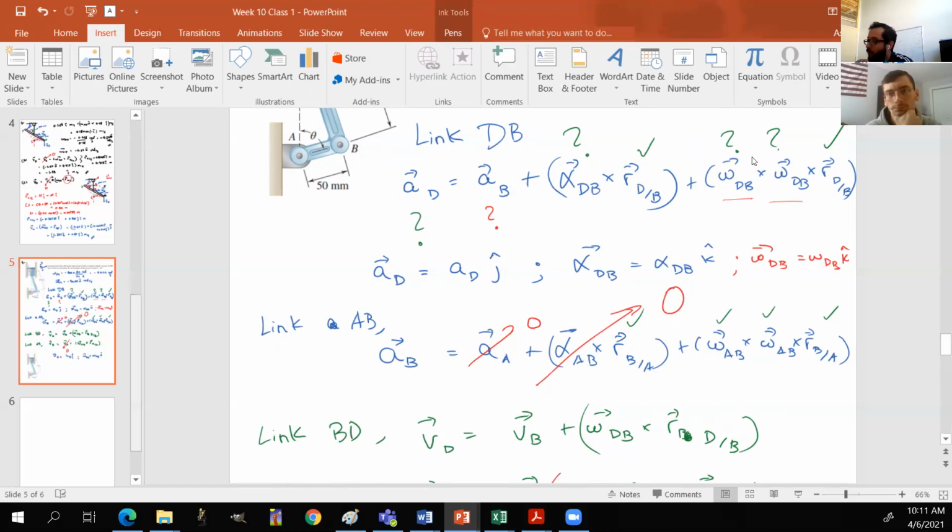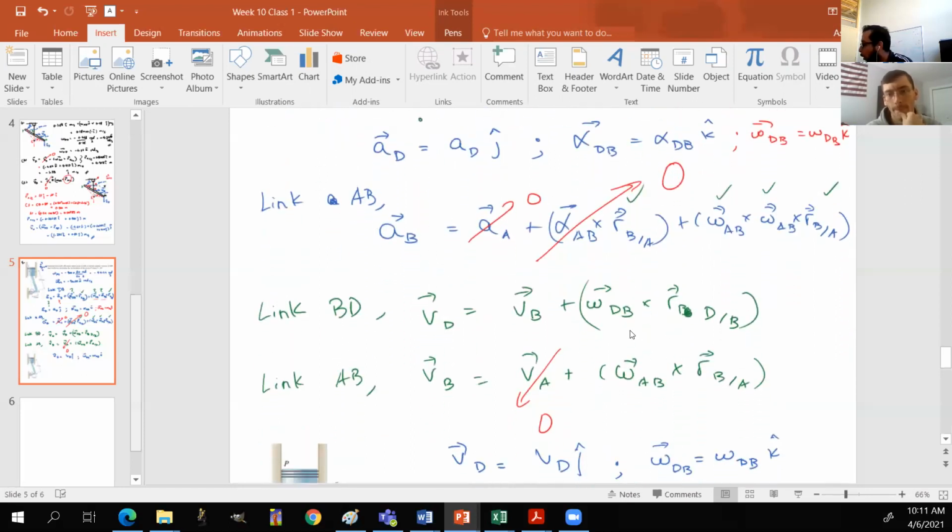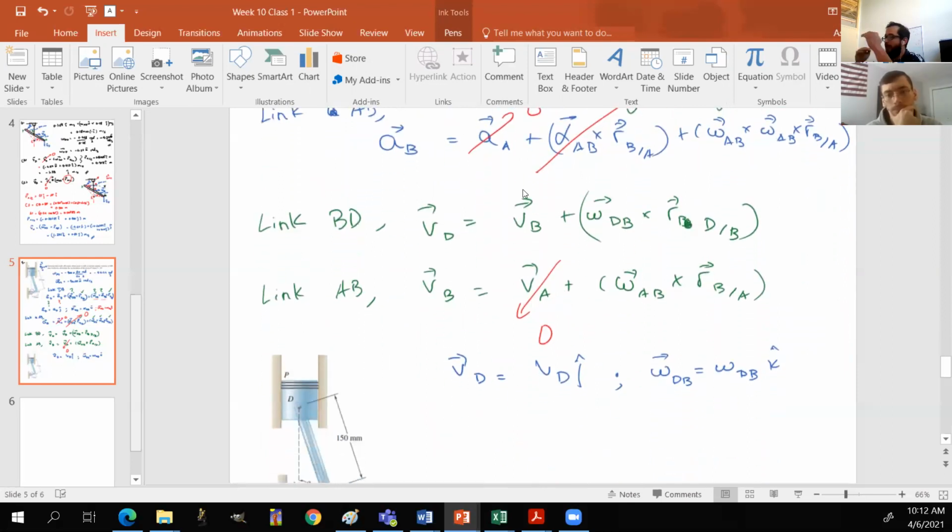If there is an angular velocity term which is extra and unknown from your acceleration terms, you will always have to look at the velocities to find that out. And that's it. That's your rule of thumb right there. Okay. You keep building, right? Earlier we were looking at just velocities, but now when you look at accelerations, you will also have to look at velocities.